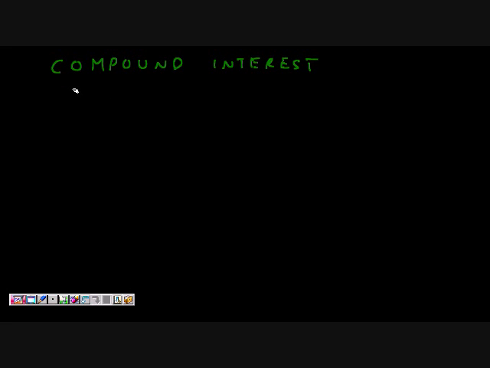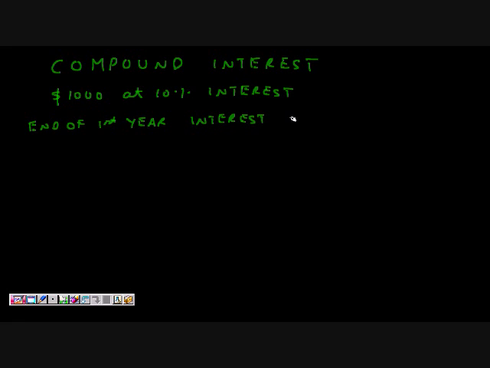Suppose you're given $10,000 at 10% interest. Okay, so at the end of the first year, interest is equal to $1,000 into 10%, which is $100.